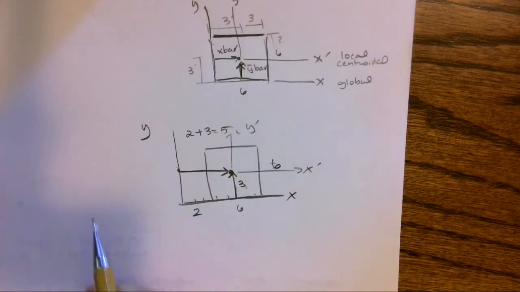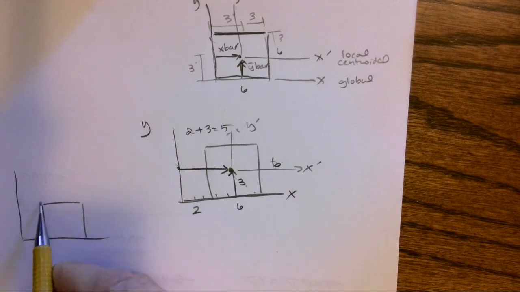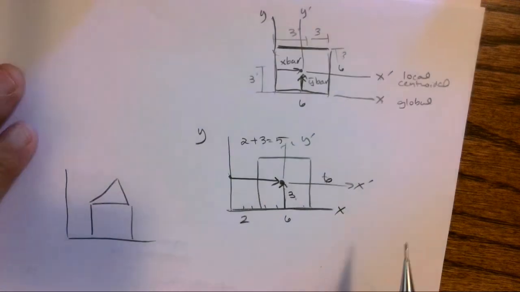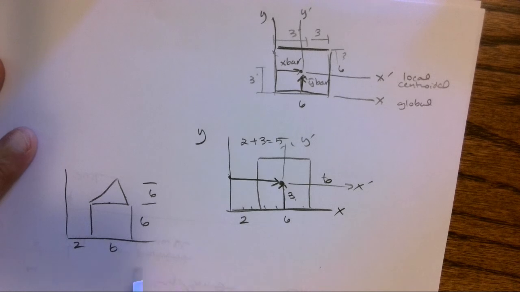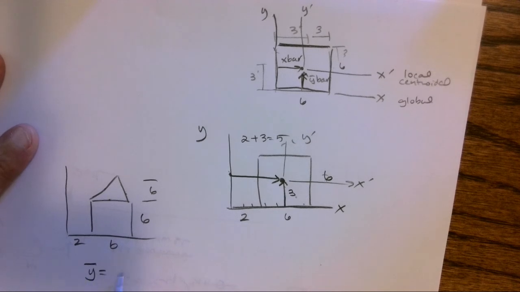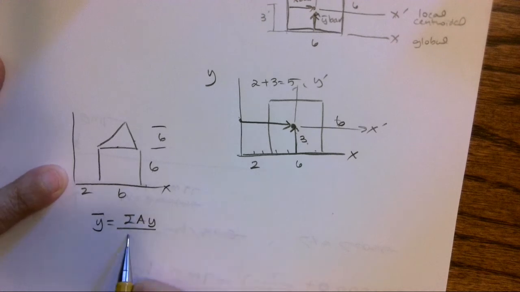So what if we have something that's a shape, and we can just do something like this? We'll still use our 6x6, R2, and then let's say that this is 6 tall. So it's a 6x6 triangle. So I don't know if you guys remember, the equation for y bar is the sum of a's times their own centroidal distance from the global divided by the sum of a's.